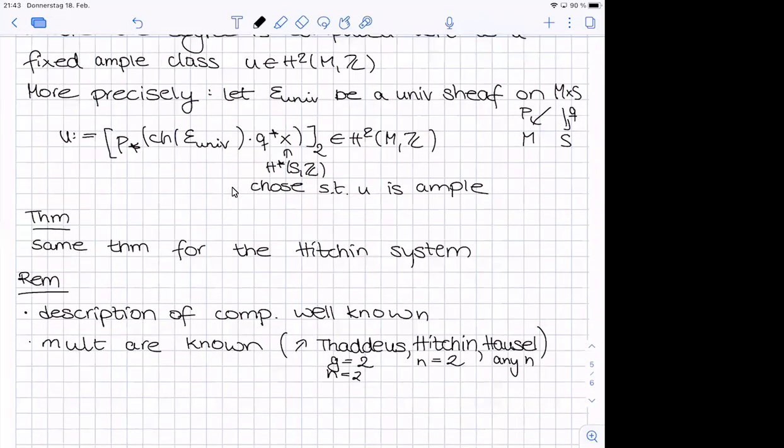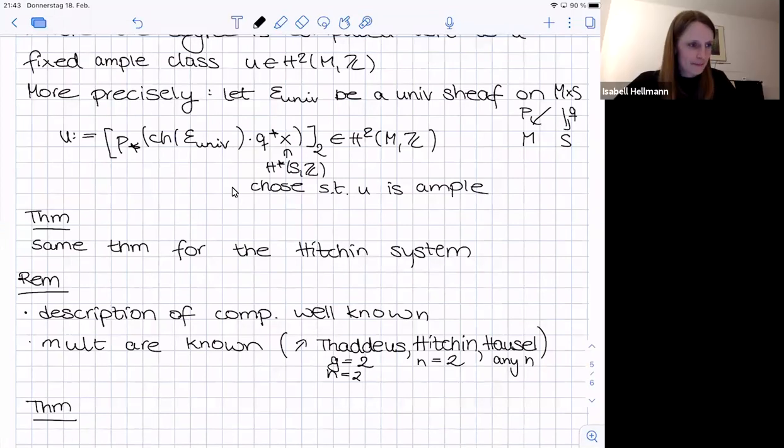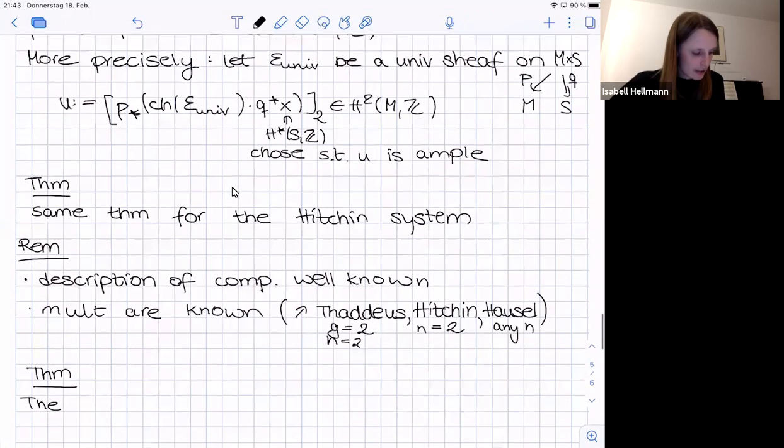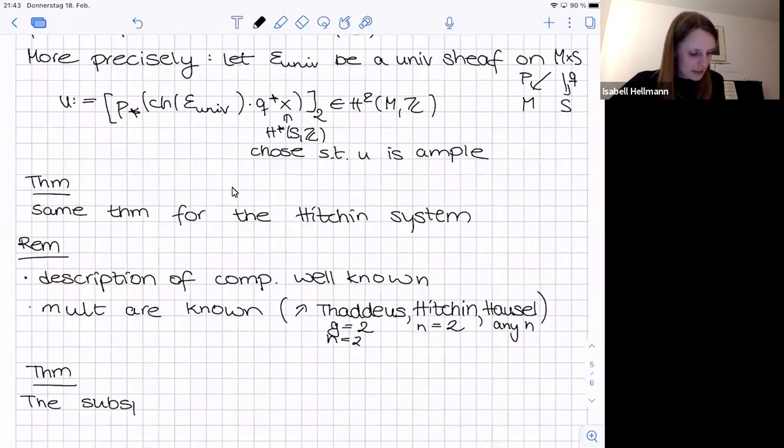And I have one more theorem about these components of the nilpotent cone, which actually does not fit into my slogan for today anymore. But it's also interesting if you care about hyperkähler manifolds. This is a statement about the cohomology classes given by the two components.